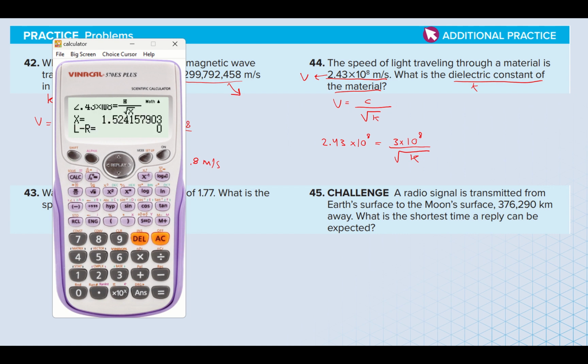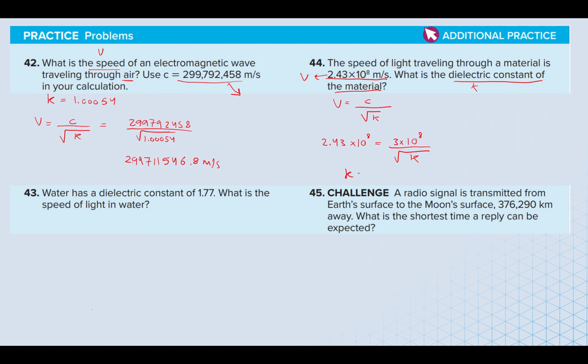So K is 1.52. Of course, you can rearrange by cross multiplying, squaring, and then dividing.